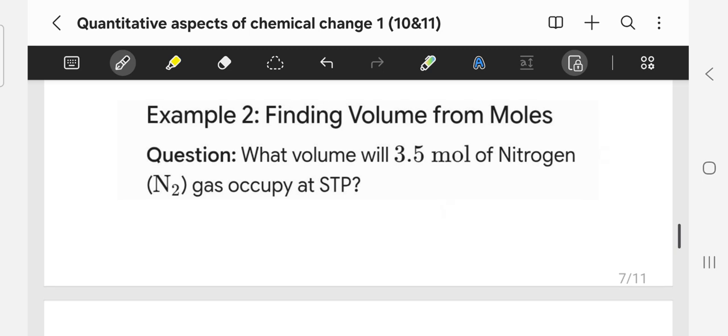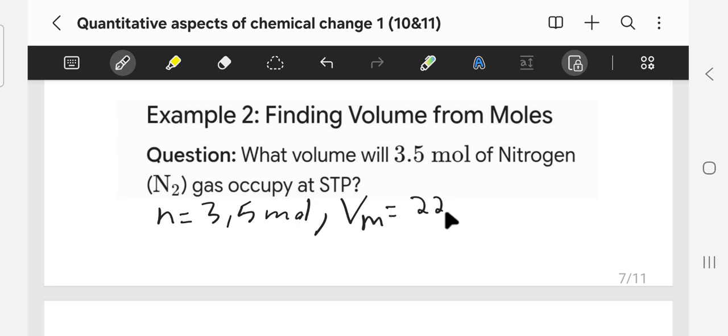The next example says we are finding now what? The volume. So it says, what volume will 3.5 moles of nitrogen gas occupy at STP? In this case, guys, you can see that we are given the number of moles, which is 3.5 moles, and at STP means that we are working under the conditions of standard temperature and pressure, where our molar volume will be equal to 22.4 dm cubed per mole.